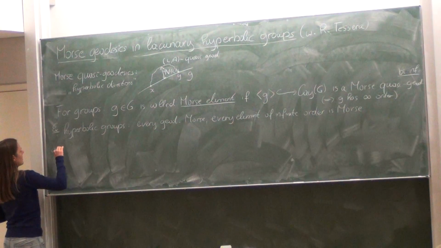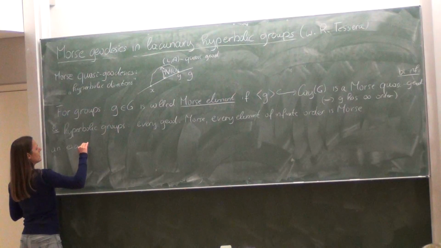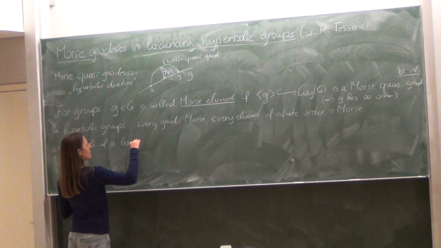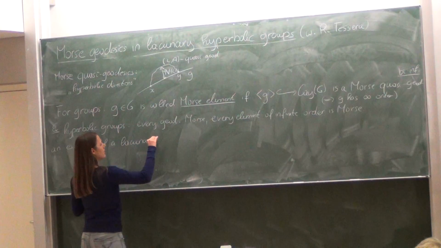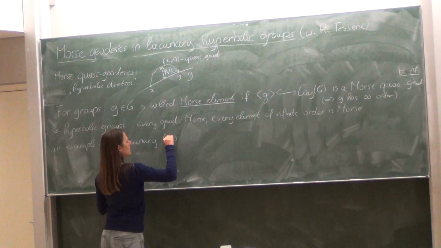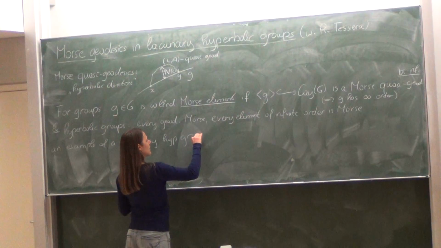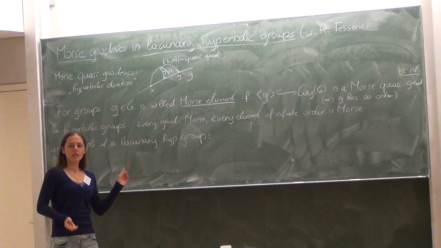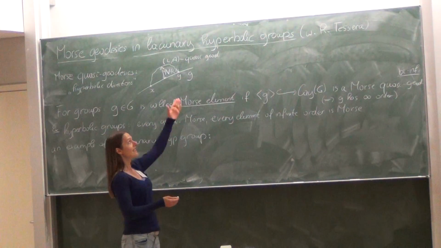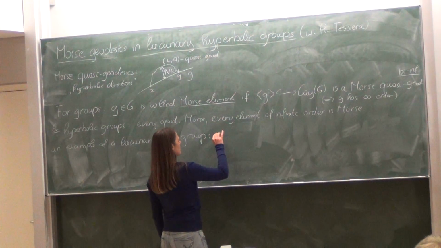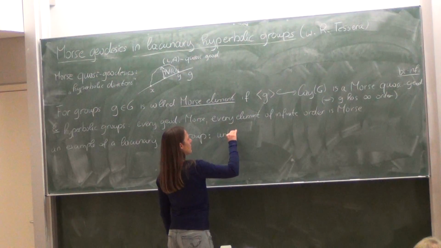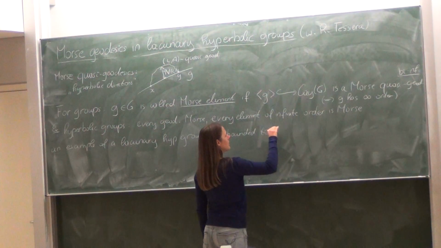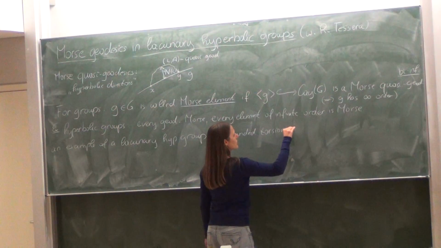So, an example of a lacunary hyperbolic group: there are unbounded torsion groups within that class of groups.